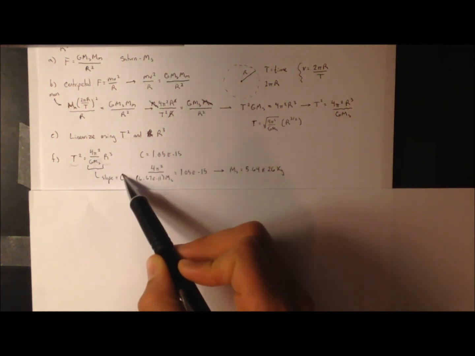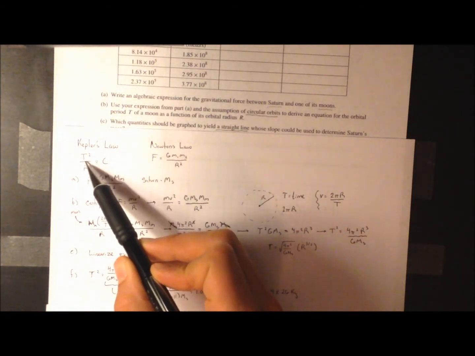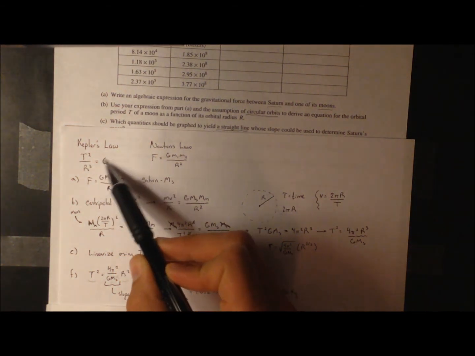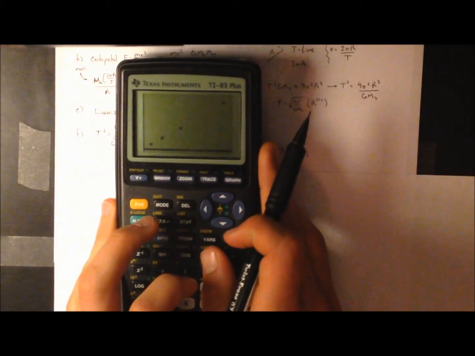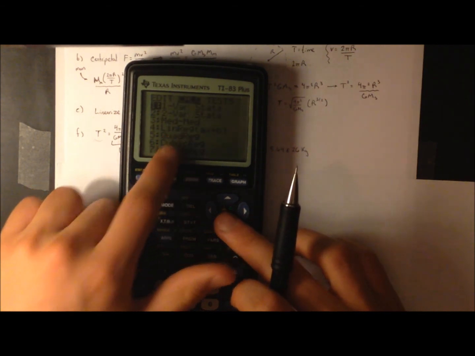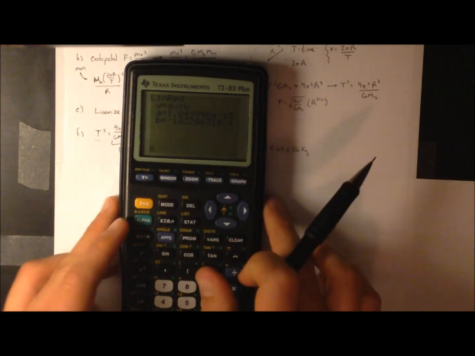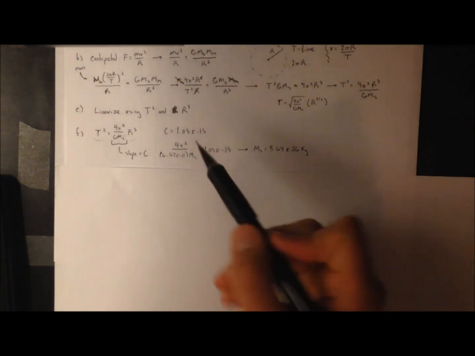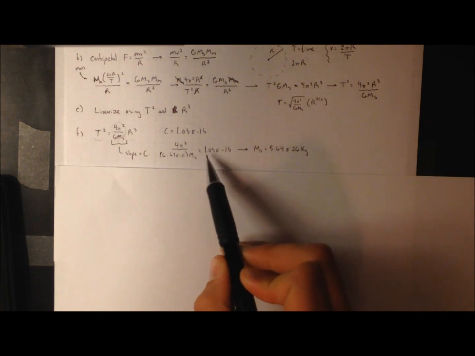This slope is the same thing as c, because right here, T squared over r cubed equals c, so it's the same thing as T squared equals c r cubed. So this is just the slope. I calculated the slope using my calculator, doing stat calc linear reg, and you get this value, 1.05 E15, as your slope. So you set this equal to this in order to solve for the mass of Saturn, which I did here, and your mass of Saturn comes out to be this value.